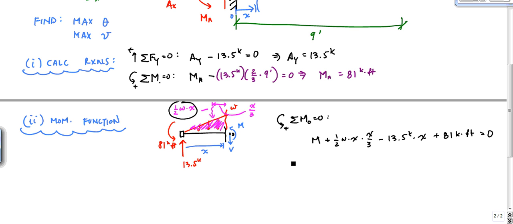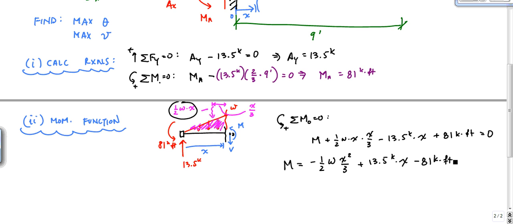And my moment function now is M equals minus 1/2 w x squared over 3 plus 13.5 kips times x minus 81 kip feet.